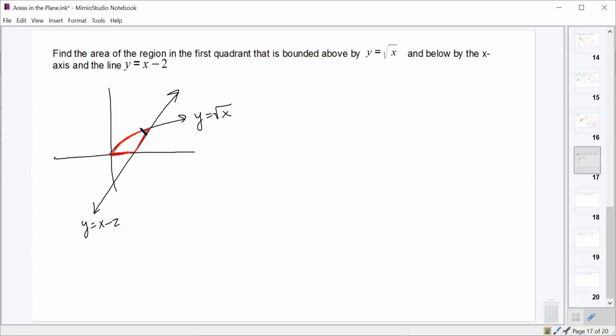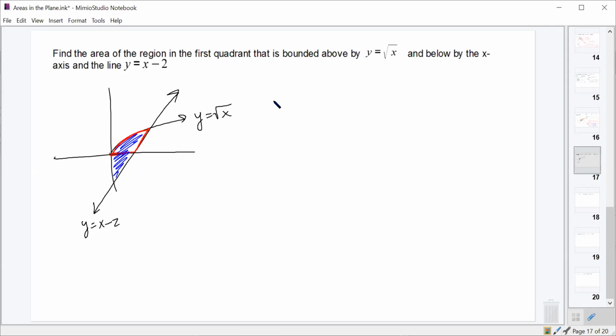Okay? So if I still want this same region, but I want to try and do this a different way. What if, instead of cutting it off here into the first quadrant, I allowed myself to find this whole area in blue and then just subtract it off this blue piece? Could I do that? The blue piece that's below the red line?